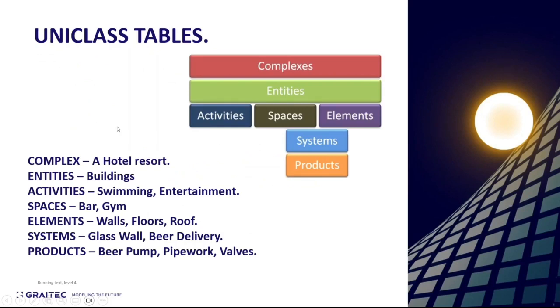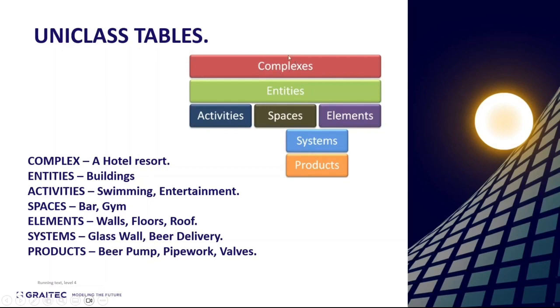The Uniclass standard has a way of describing the information in a specific format. It makes reference to a complex. So a complex typically may be a hotel, for example, and within that complex we would have entities, so individual buildings within the resort.